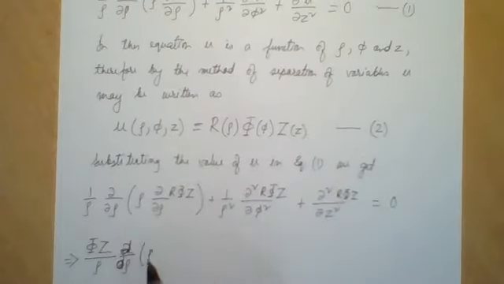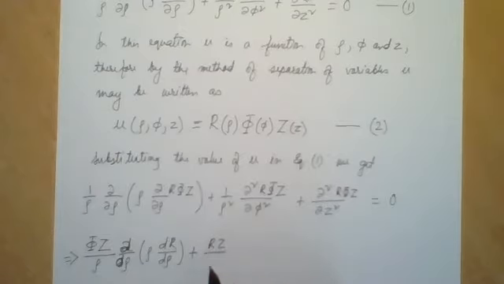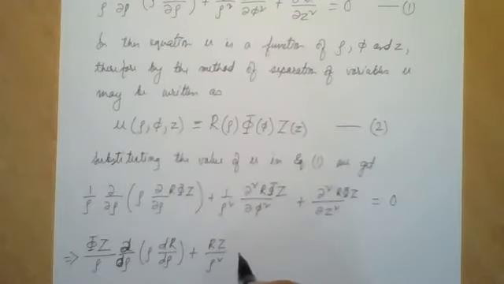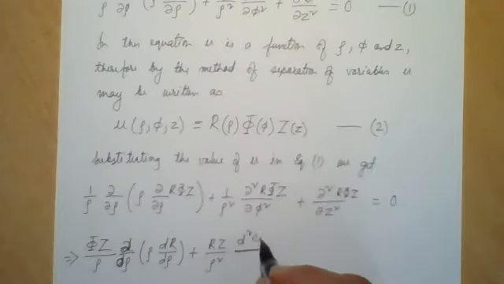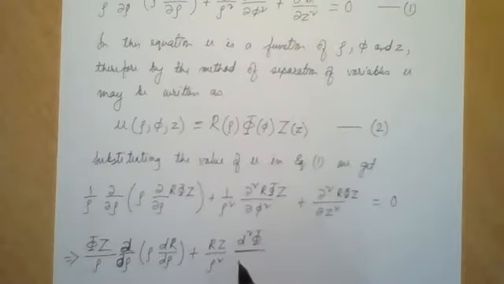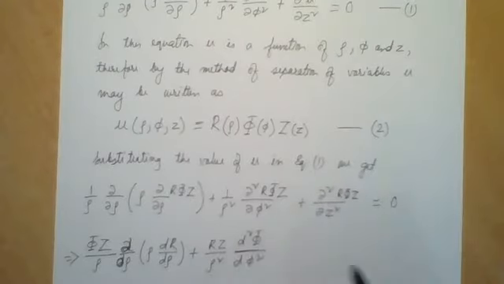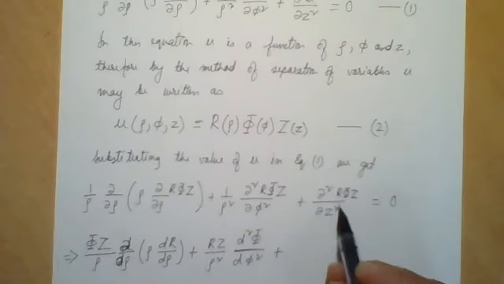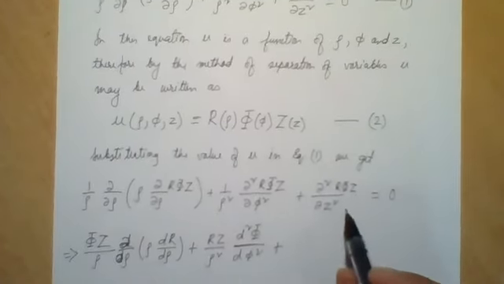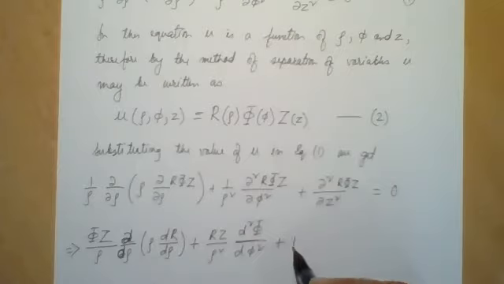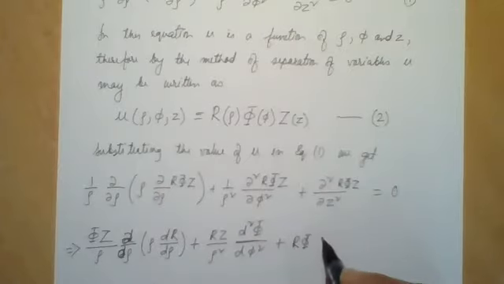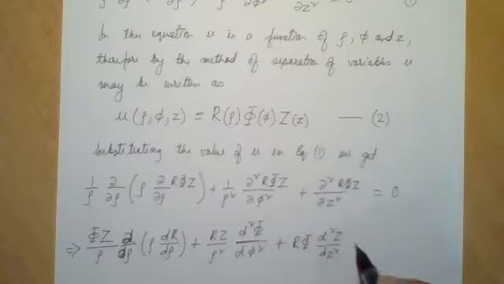Plus, now R and Z are not functions of phi, so I can take R and Z outside: R Z divided by rho square, the second order derivative of capital Phi with respect to the angle phi square. Plus, here R and Phi are not functions of z, so they can be taken outside: R Phi d2Z by dz square. This is equal to 0.